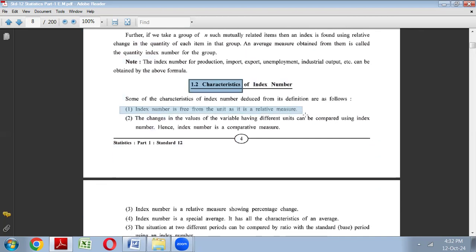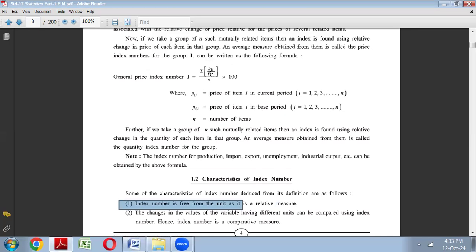First, index number is free from unit as it is a relative measure. Means while calculating index number, whatever the answer is, it does not carry any unit with it. There is no kg, liter, meter, rupees, anything. It is just a pure number, so it is a relative measure. So this is sigma P1 upon P0 upon N into 100.